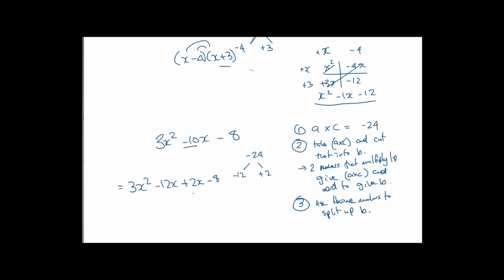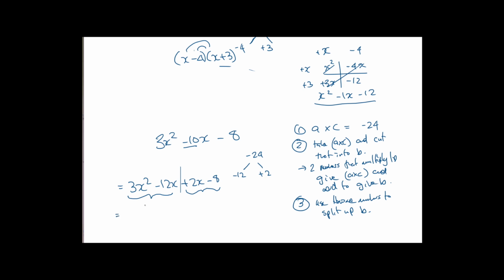That makes our life a lot easier, because I'm going to partition the equation like that, and factorize this bit separately from this bit. Hopefully we should get a common term in brackets. I'll show you what I mean.